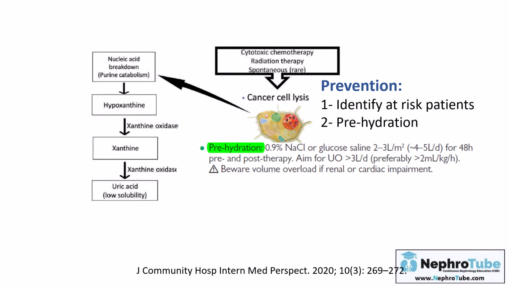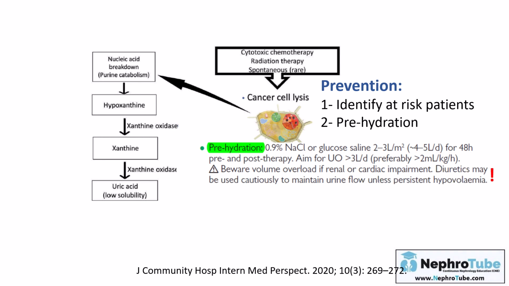The most common solution used for hydration is 0.9% sodium chloride, normal saline, about 2 to 3 liters per meter square, about 4 to 5 liters per day, for 48 hours pre and 48 hours post chemotherapy and radiotherapy, aiming for urine output of more than 3 liters per day. But beware of volume overload if your patient is a renal patient or cardiac patient.